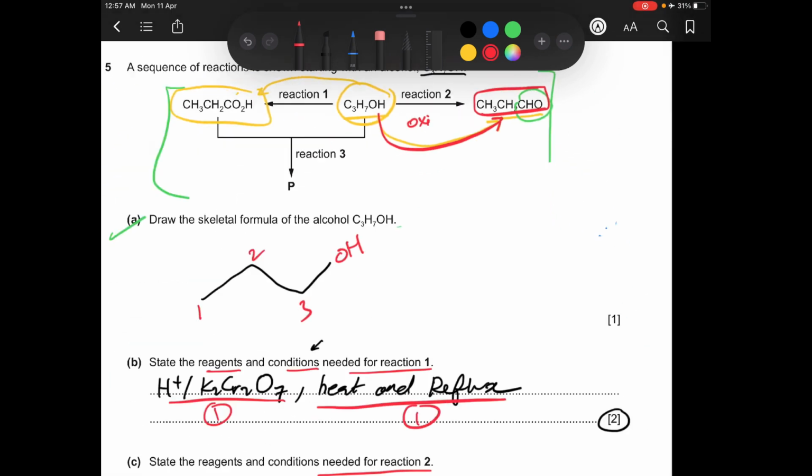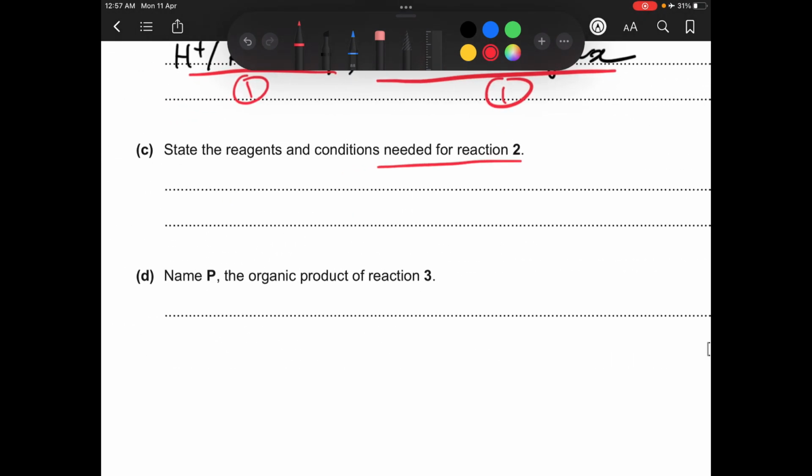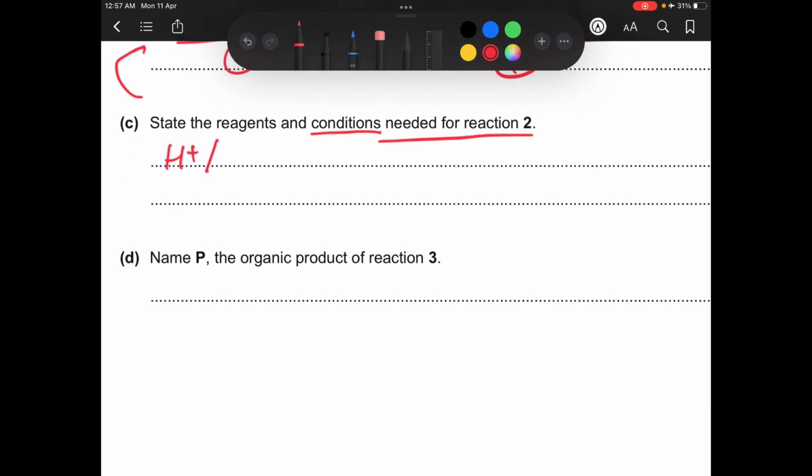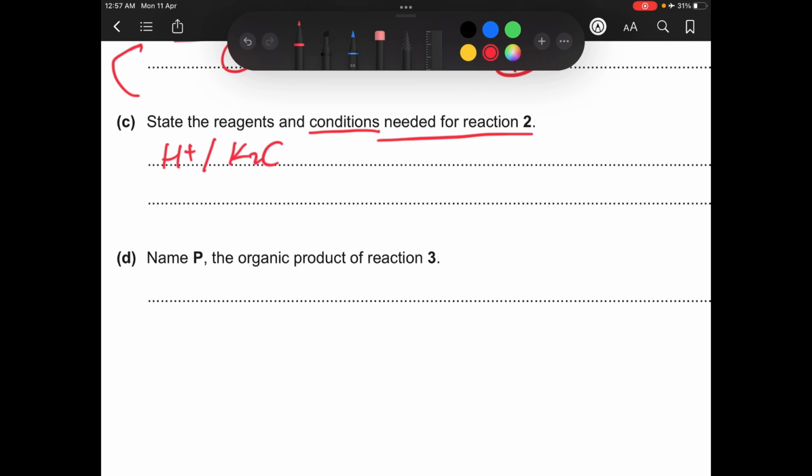So you have to say something about distillation for the conditions. This is a must. Then you will say you will use acidified K2Cr2O7, the same as above, but we did a reflux in that case. The reagents are K2Cr2O7, but the condition needed here is heat and distillation.